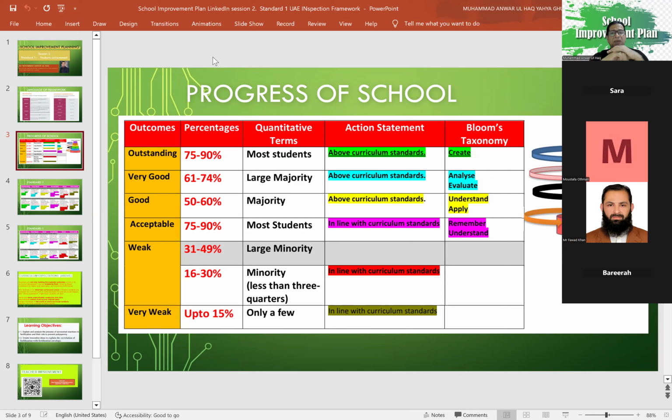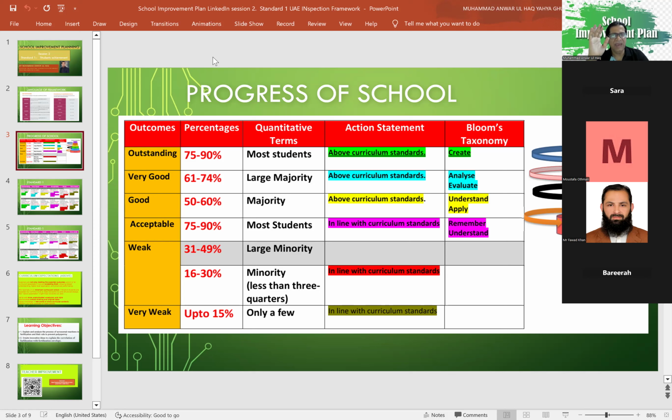This is how to read your school progress reporting and align it for your school improvement planning. If you are rated good, at the majority, you have to aspire to a large majority, which is 61 to 74% of the students in your school scoring above the curriculum standards.